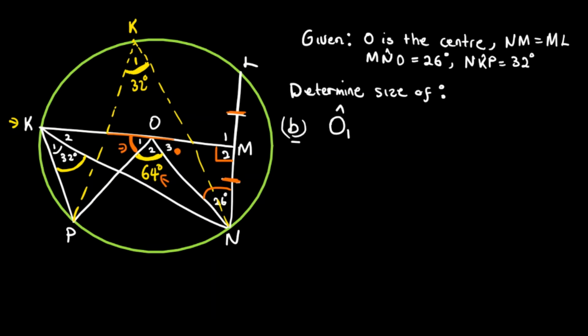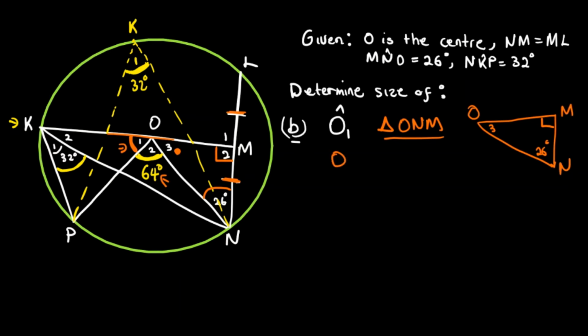So we're looking at triangle ONM, which looks like this. Here it's O, and here it's O3, the one that we want, and this is 90 degrees, and this is 26 degrees. So this is N, and this is M. We want O3. So angle O3 plus angle M plus angle N is equal to 180 degrees.